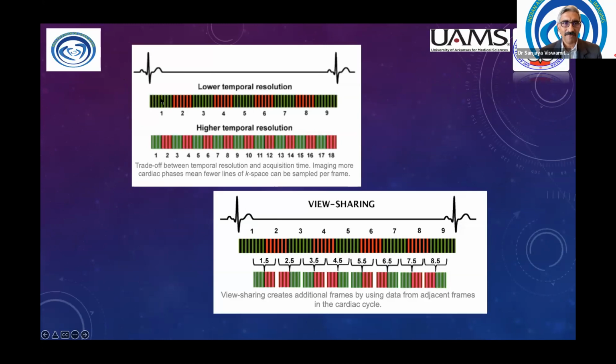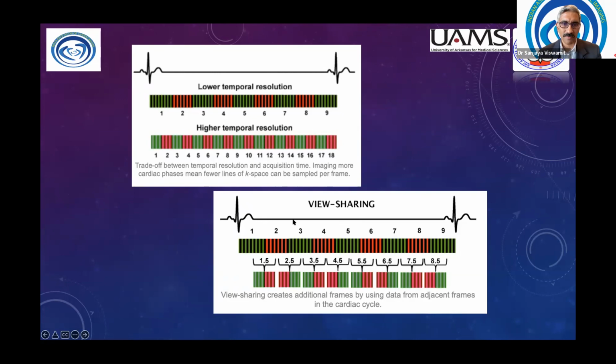If I use more views per segment, then I can acquire it faster with a lower number of heartbeats, but I have now lowered my temporal resolution. If I want a higher temporal resolution, let's say I'm trying to evaluate valves, or I really want to see the endocardial border better in that patient, then I need to reduce the number of views per segment to be able to get a higher temporal resolution.